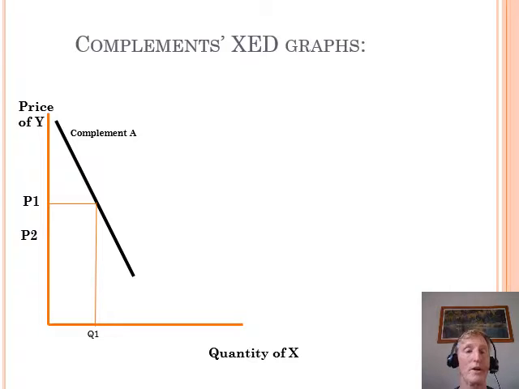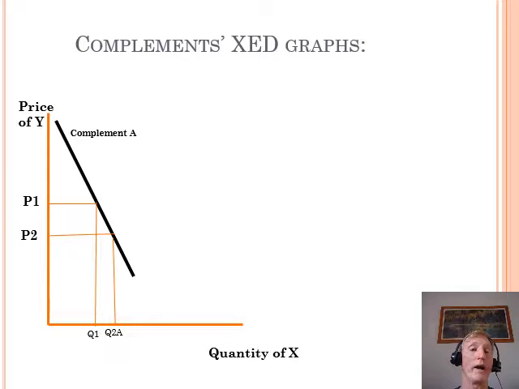This is just a curve that shows the relationship of quantity and price points between the two products. If the price of Y drops, what's happening in this second quantity point here is that the quantity of product X increases a little bit.